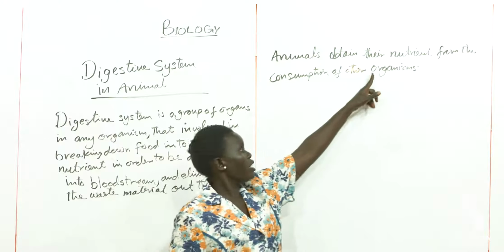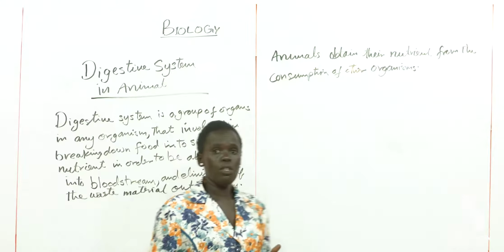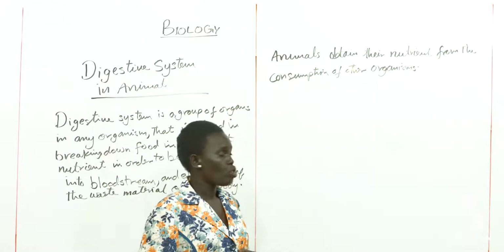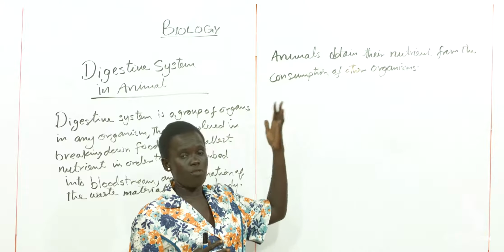This organism can be animal itself, can be plant, because we, the animal, we feed on plant, at the same time we feed on animal. So the nutrient we are getting is either from plant or from animal.